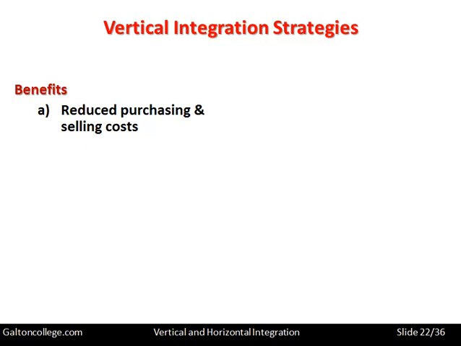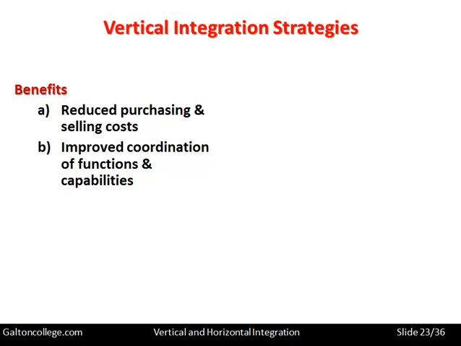In purchasing, there are also benefits, because if it's vertical backwards, it's now producing the components and the parts that it needs. It's producing those itself, and therefore, of course, any profits that it would have paid to another company to produce it, what would have been part of that company's profits, will now accrue to this particular business. So it does reduce costs, the costs of purchasing and the costs of selling, as well as, of course, it may simplify paperwork and administration.